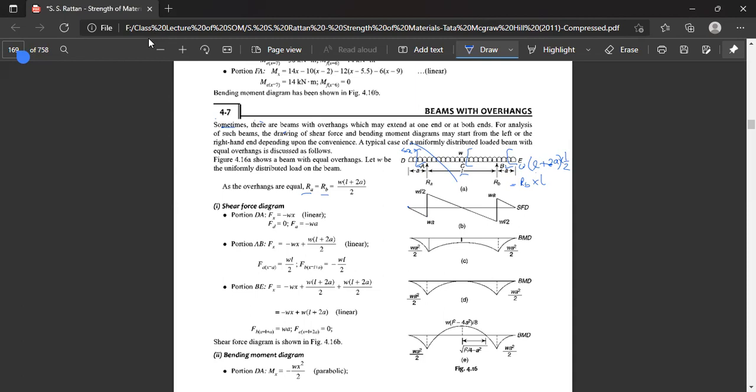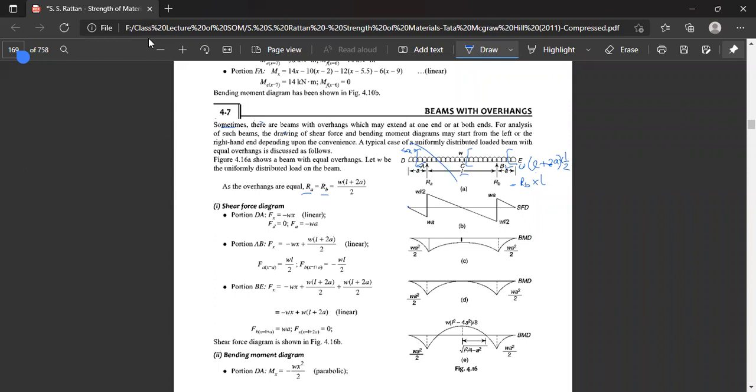Similarly, in case of the portion between A and B, if we take the section somewhere here, we will consider the length of the beam from D up to the section, which is equal to x.